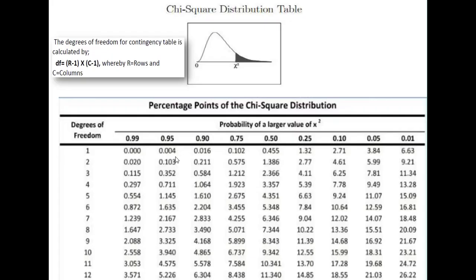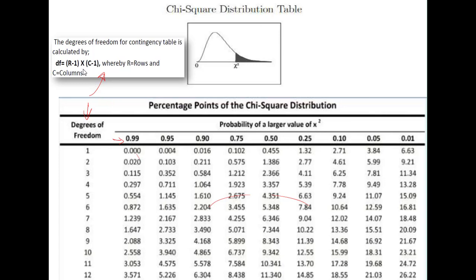So this is how the distribution itself looks, and I'm sure you are familiar with it. It's very similar to a t-distribution where we have the degrees of freedom and we have our p-values, and of course we have the critical values or the areas listed. So in order to use the table again, we need degrees of freedom, and to calculate degrees of freedom for this, it's a bit different from how we did it with the t-distribution.